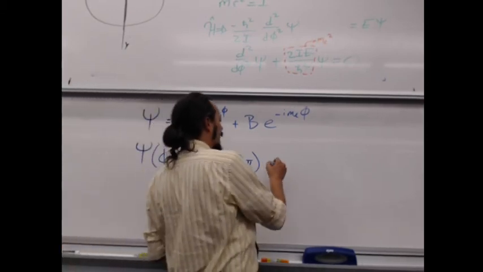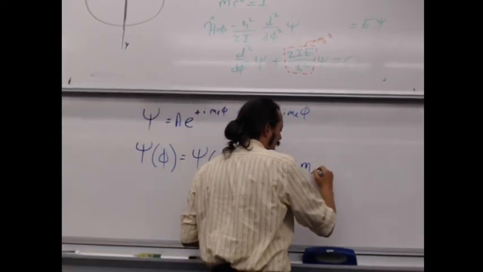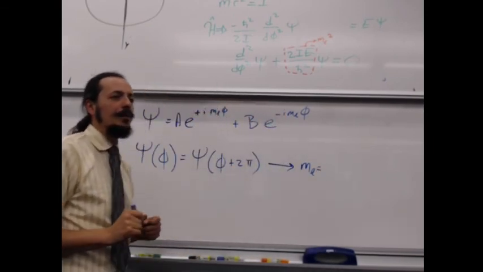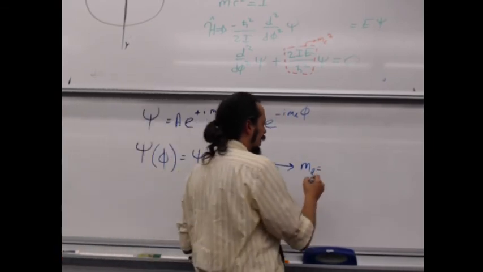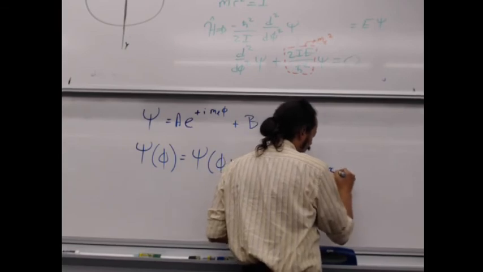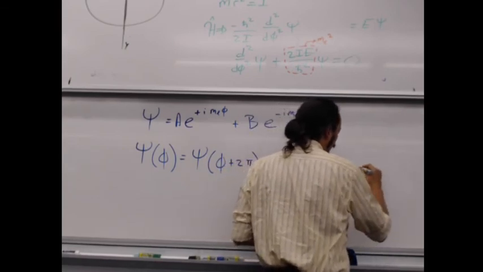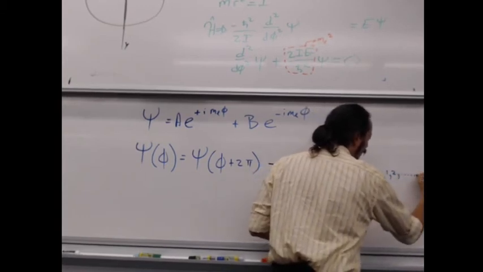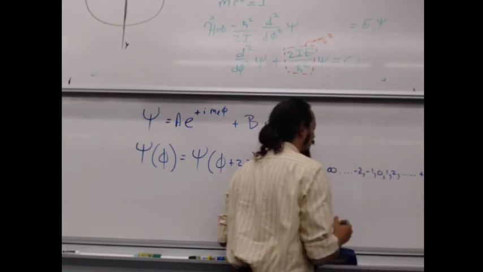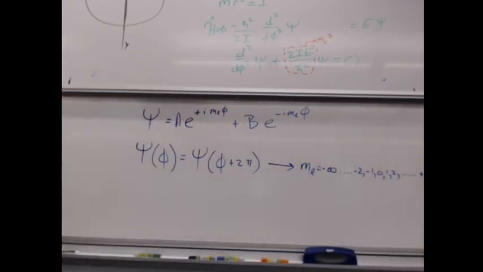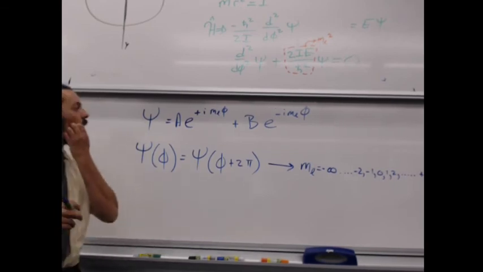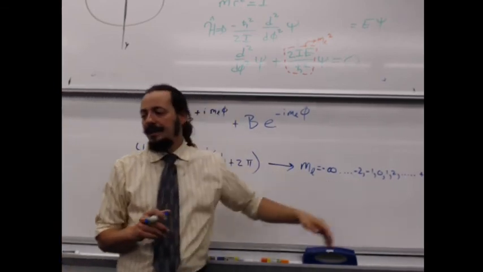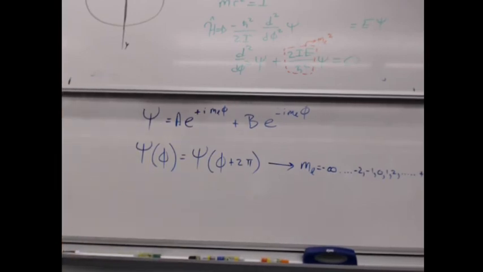This is going to end up giving us a restriction on our possible m sub l values from negative infinity to negative 2, negative 1, 0, 1, 2, all the way up to positive infinity. Still, it's going to end up being a counting number that's going to make it so we always get this condition to be true.